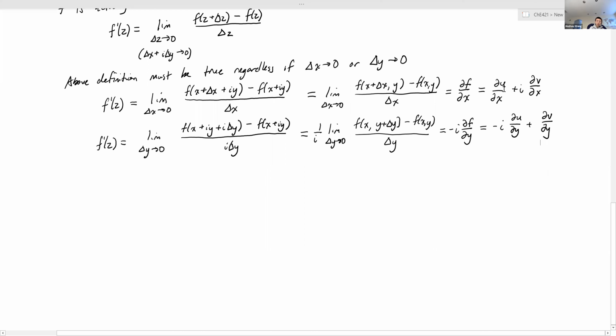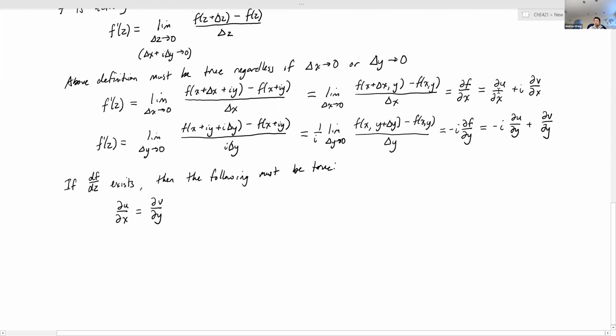And so what that means is that if this derivative df dz exists, then the following equations must be true. We have to have that du dx has to be the same thing as dv dy.